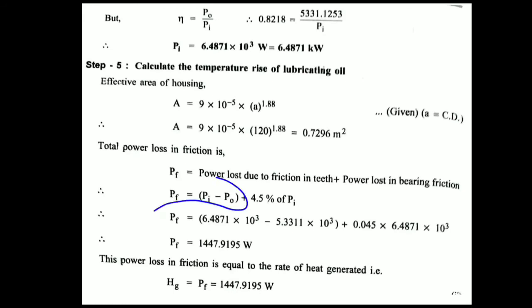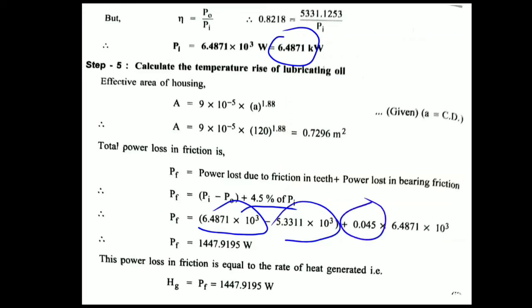Instead of efficiency we'll have to add frictional losses, that is 4.5% of input power. So input power 6.4 kilowatt, so I have written it over here. Now output power is known, plus this 4.5%, that means 4.5 divided by 100, it is 0.045 into input power, 6.848 kilowatt. It is in watt, we'll have to write.